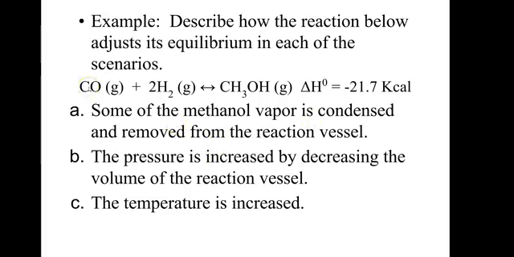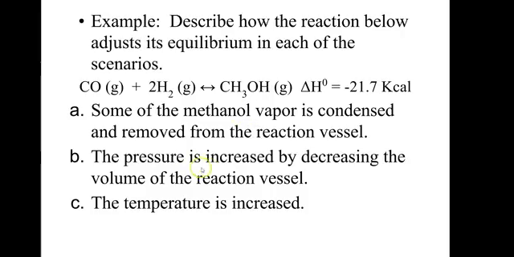I take some away, so I have less than what it would be at equilibrium. That's putting a stress on it. It wants to get back to what it was at equilibrium, so it's going to shift and make more methanol, forcing the equilibrium to the right.